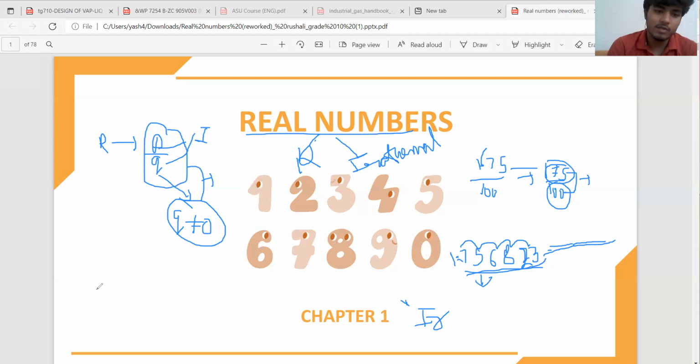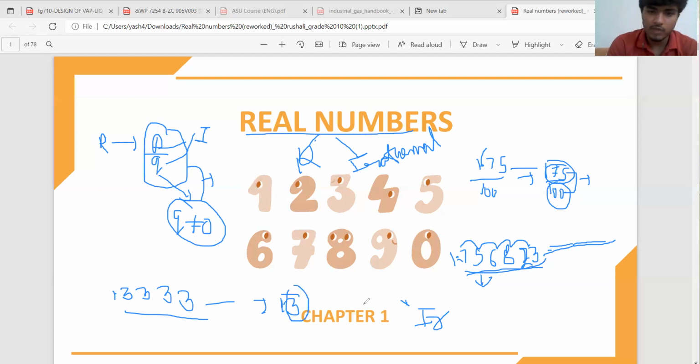But if we have a number like 1.333 and 3 going on, basically we can write this in the form 1.3 with a bar. If we put a bar on the repeating digit, it means we do not have to write the 3 again and again. We just have to put a bar on the repeating number.